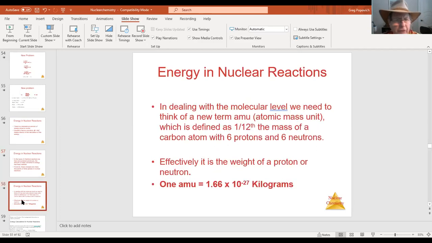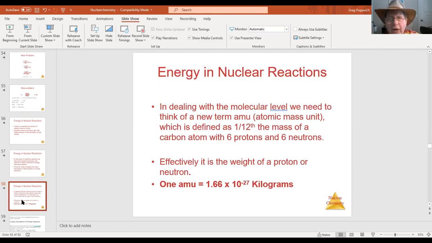So in dealing with this, we have to use a new term, called AMU, or atomic mass unit. An AMU is defined as 1/12 the mass of a carbon-12 atom. Effectively, it's the weight of a proton or a neutron, the average of a proton or neutron.